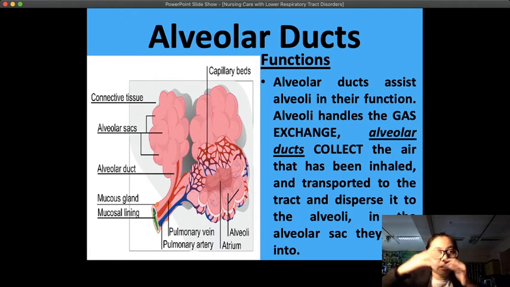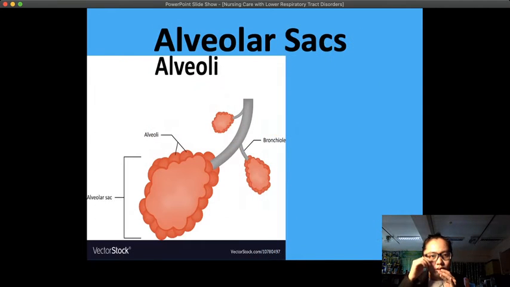So the oxygenated air is all passed into the alveolar sac. That is an alveolar sac. The entire thing is like grapes, no? But that's the alveolar sac where your oxygenated blood will go into. Then that is the alveoli, and that's the bronchiole.